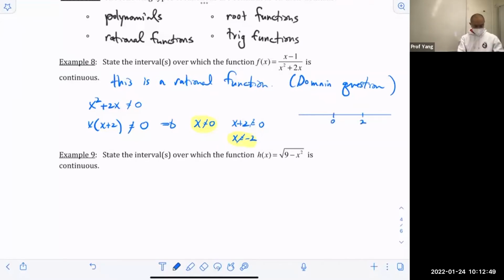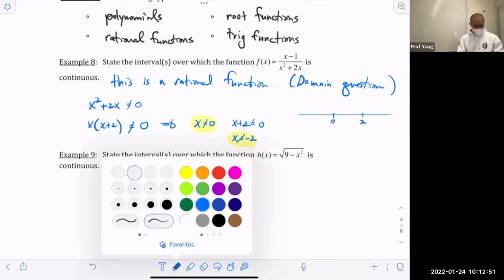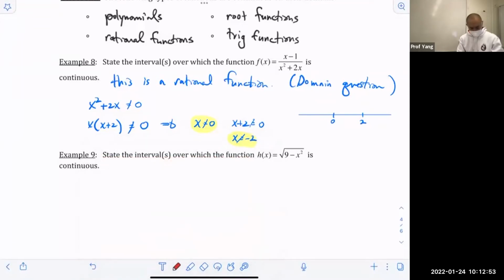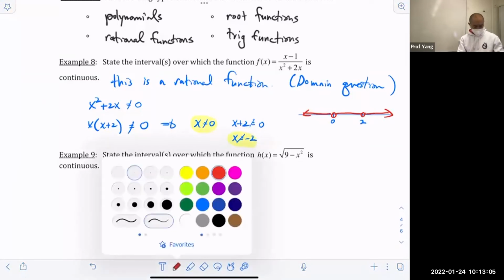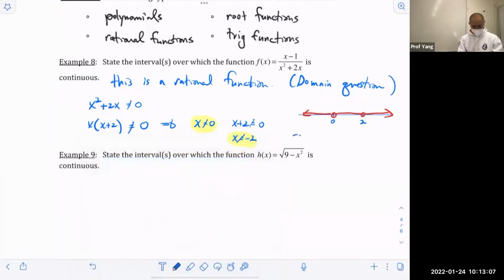You want to put an open circle at 0, an open circle at 2, and then you want everything else. So the way that we write this in interval notation is we go from negative infinity to 0. The U means union. 0 to 2, another U means union.